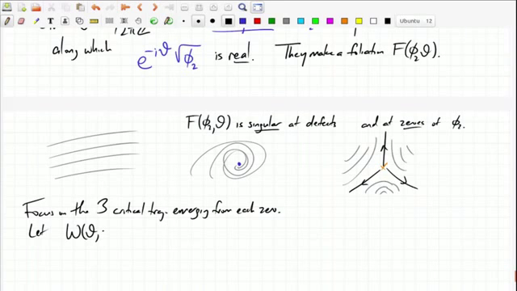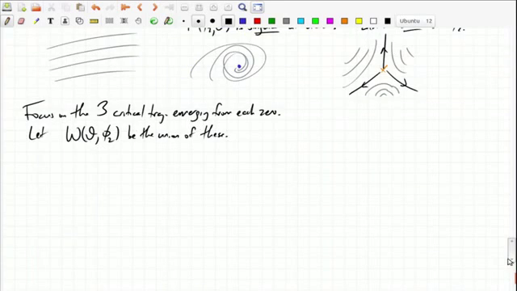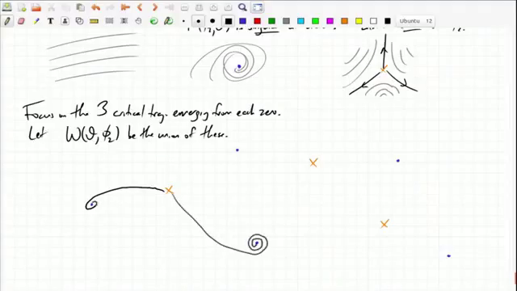If I try to make a sort of global picture of it, well, I've got a bunch of zeros of my quadratic differential, and then I've got a bunch of defects, which are like poles. And what generally happens with these trajectories is that they are born at the zeros, and eventually they run into the poles. So you'll have some kind of picture like this. And then this one maybe goes here. This one goes down here. They never cross, so in principle I should thread it in there.